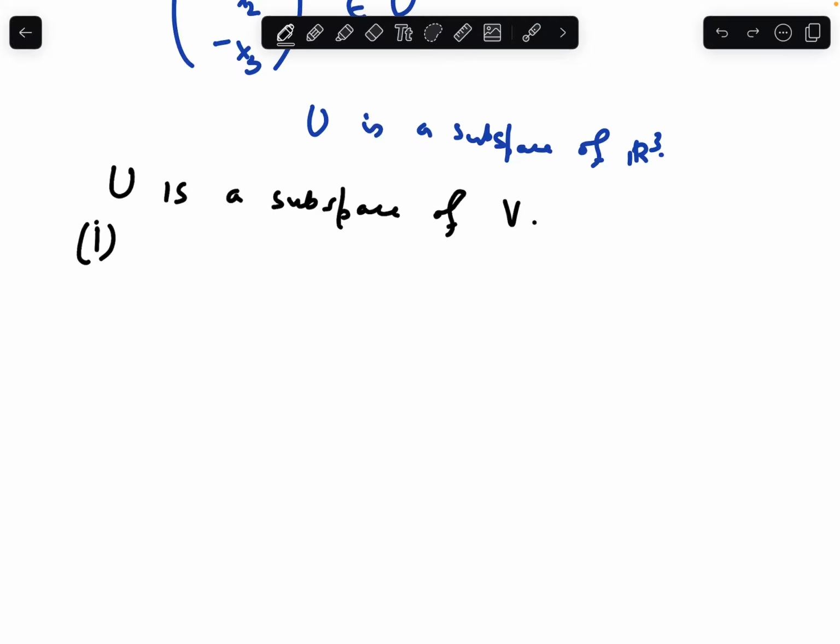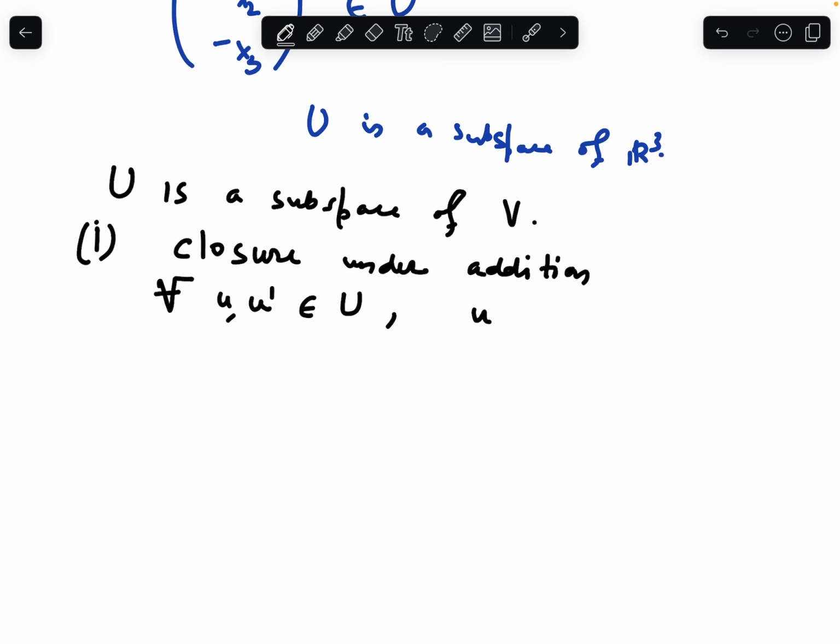So we call this closure property. Closure under addition. What does this mean? It means for every U and U dash inside U, U plus U dash should be inside U. What is plus?